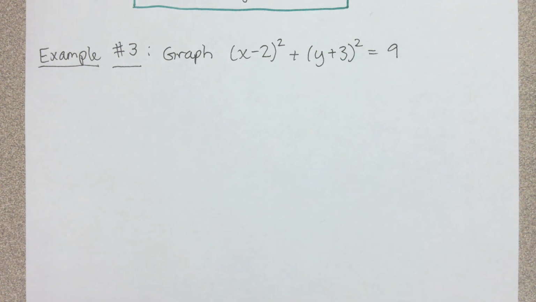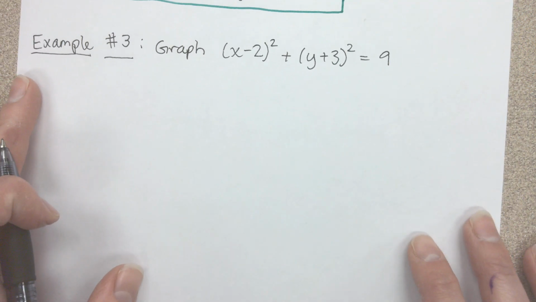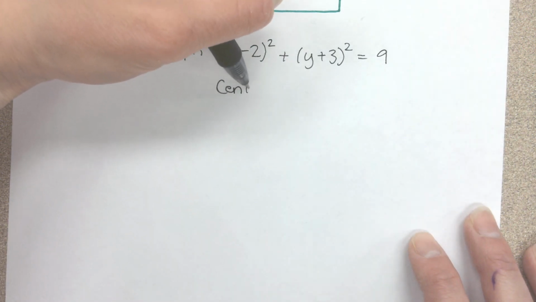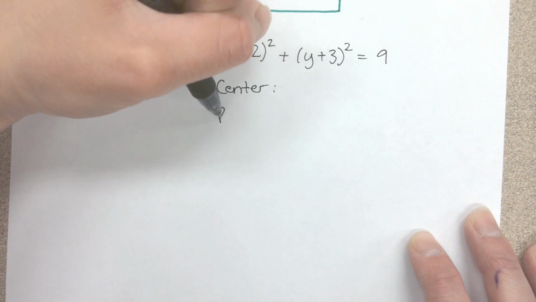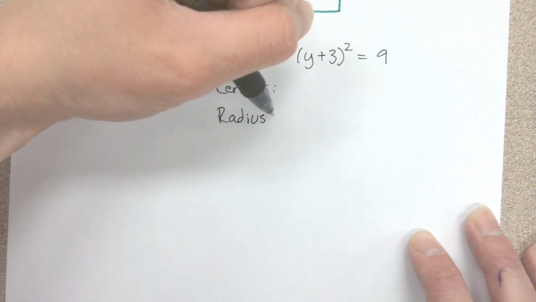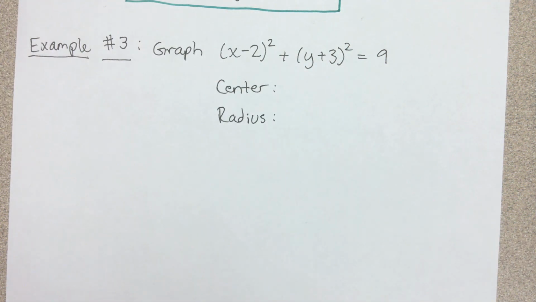So in order to graph it, you need to know the 2 pieces of information, the center and the radius. What is the center of the circle?